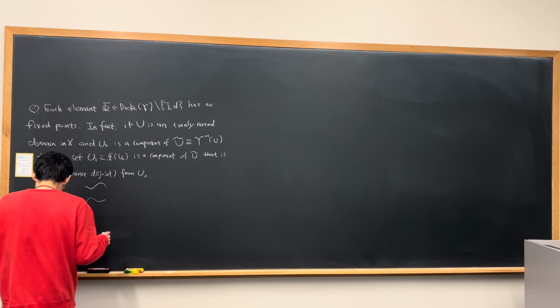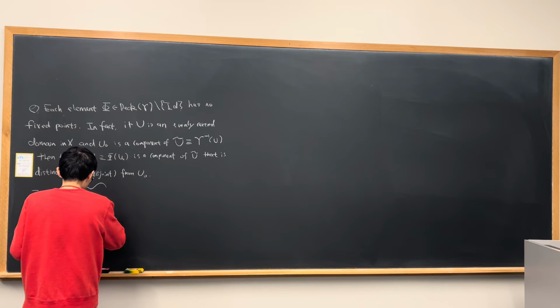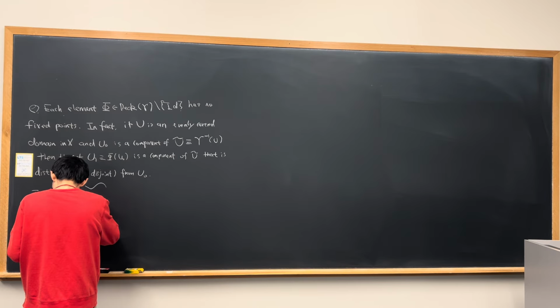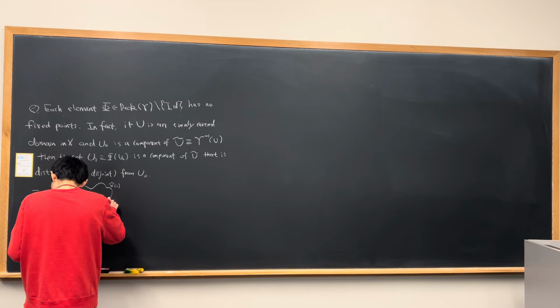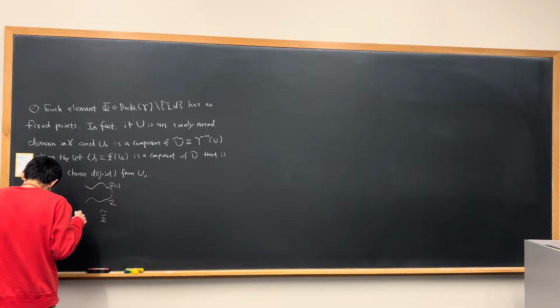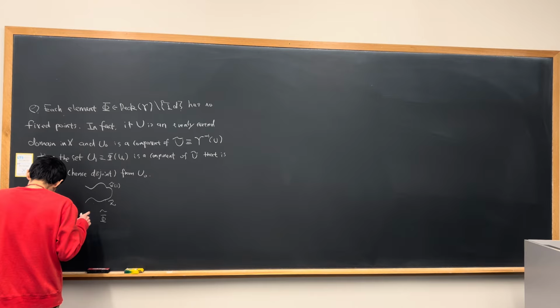So this is like alpha, and this is alpha tilde 1, and then x naught tilde, and gamma is a path from x naught tilde to this x.